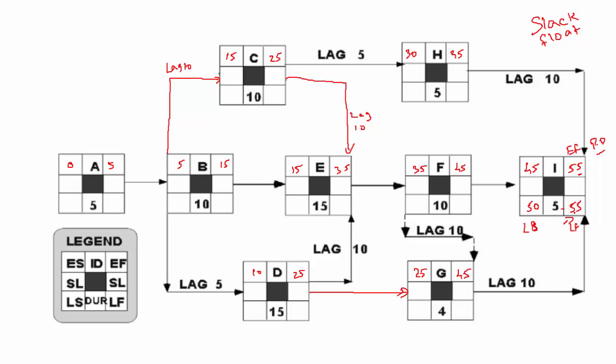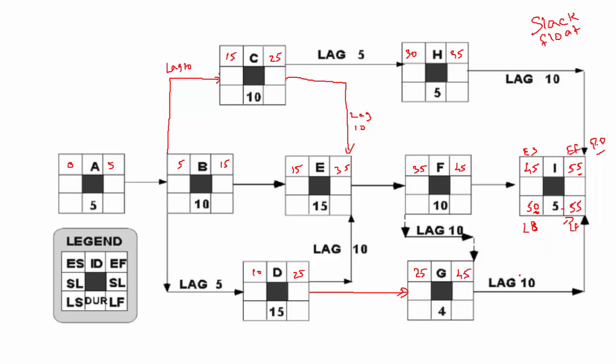Anyway the project is finishing on 55, so it's okay to start I on 50, even though the earliest I can start is on 45. Since it's only a 5-day activity and the project is finishing on 55, it is okay to start on 50. All right, that's the backward pass for activity I.